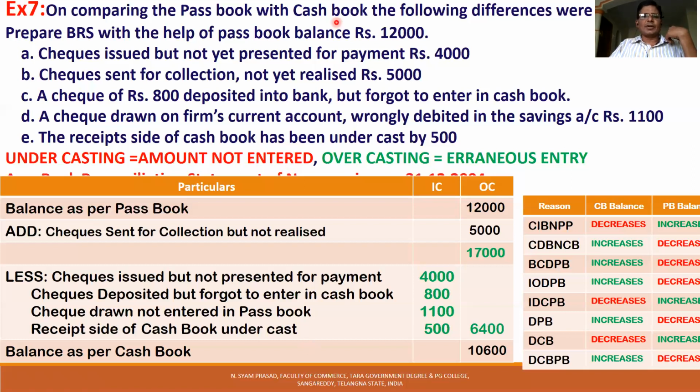Given is the passbook, so deduct. So 12,000 plus 5,000 is 17,000. This is add: 4,800, 9,800, 9,900. 6,400 less. 17,000 minus 6,400 is 10,600.